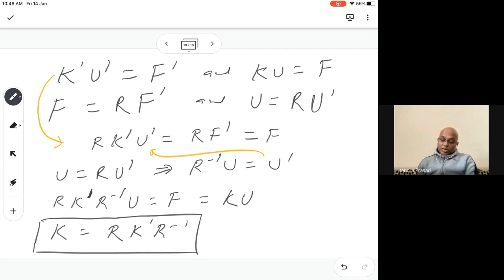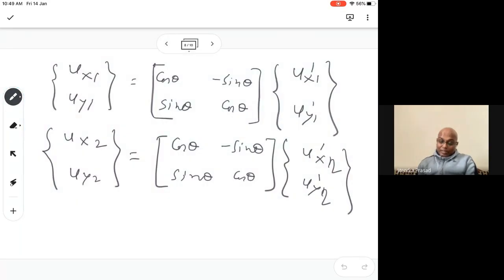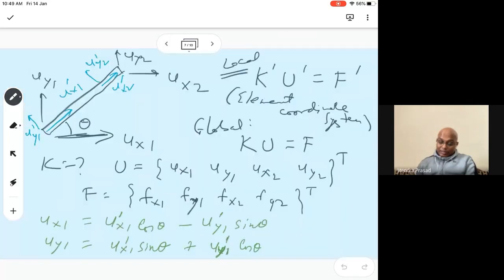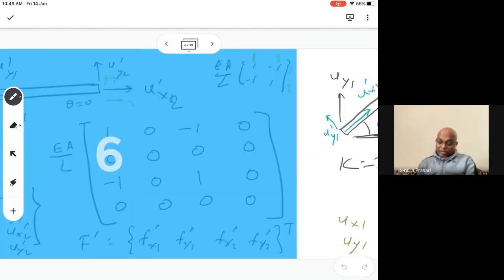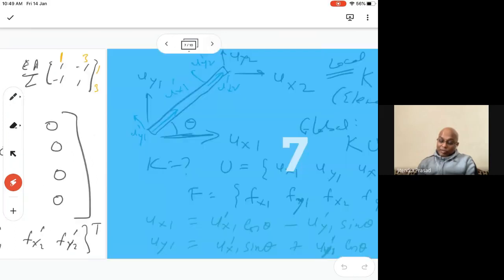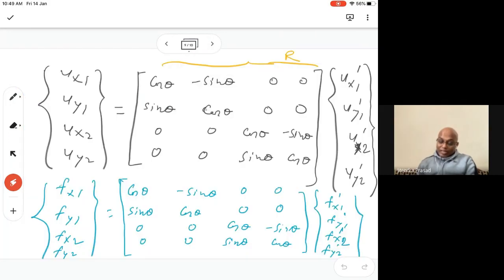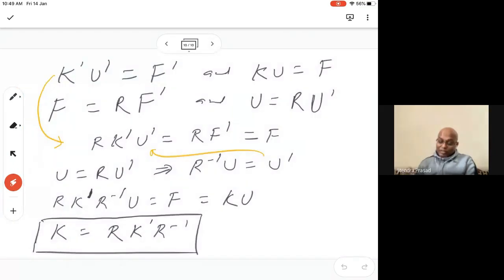So K dash is equal to the simple matrix that we had, where you have 1 minus 1. And you use the rotational matrix R, which is given here, that you have used to find these values.